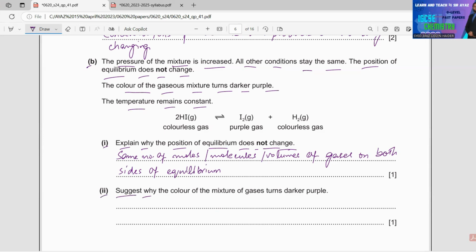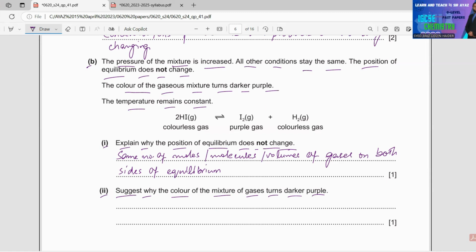Part 2, suggest why the color of the mixture of gases turns darker purple. So if you increase the pressure, the volume will decrease.